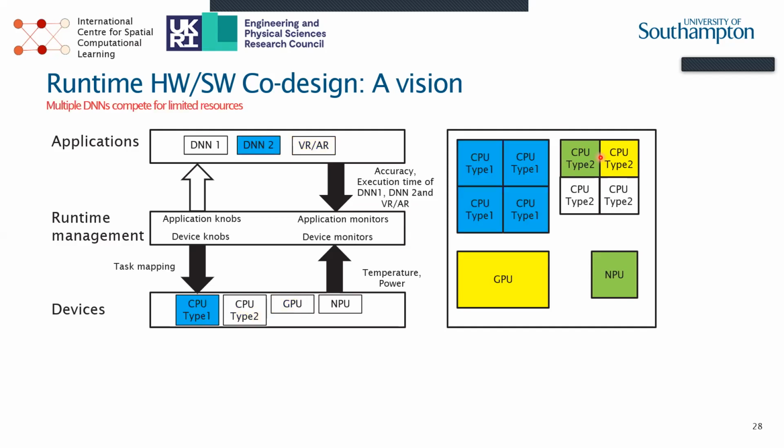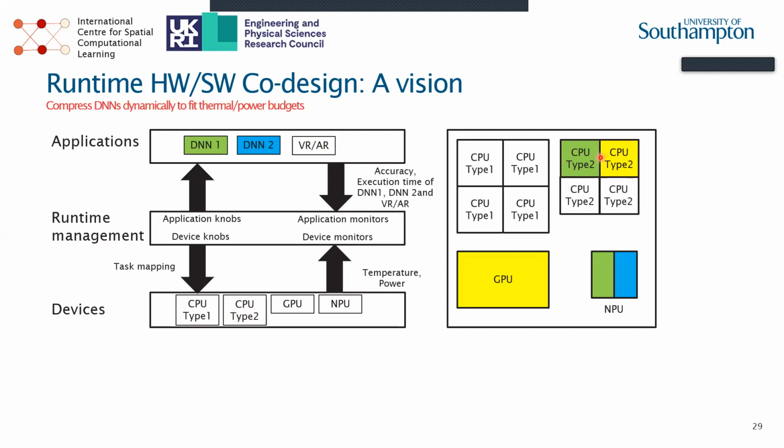Later, you want to deploy a second neural network, but the GPU and NPU are both used. So you can either wait for the previous task to finish, so basically not run the second neural network, or you can deploy it on the bigger cluster CPU cores with all cores enabled. But because of this, the system could quickly hit the thermal limit.